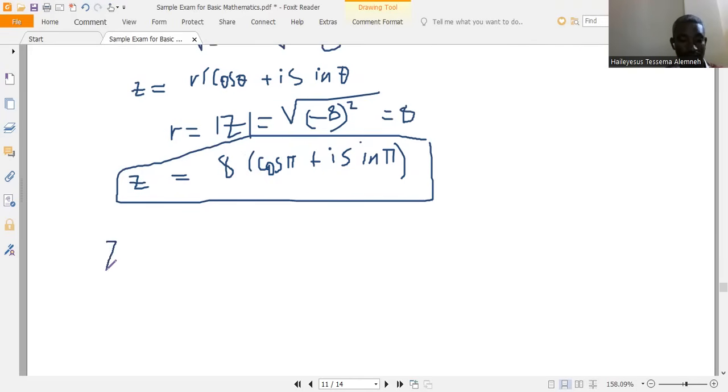Now let's write the standard form for finding the nth root of z.